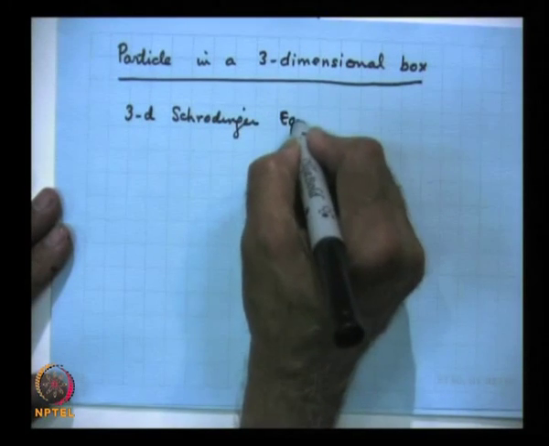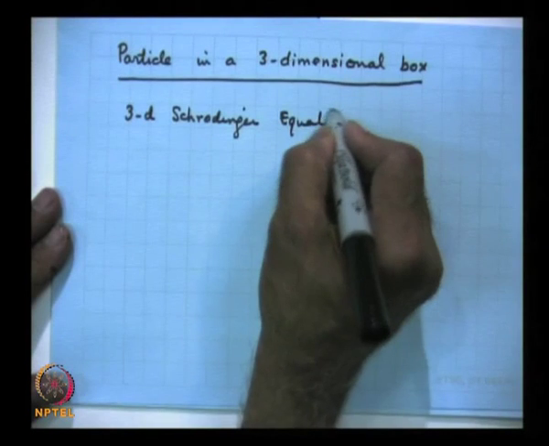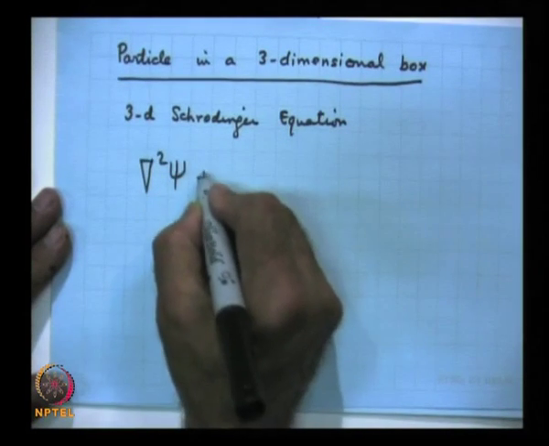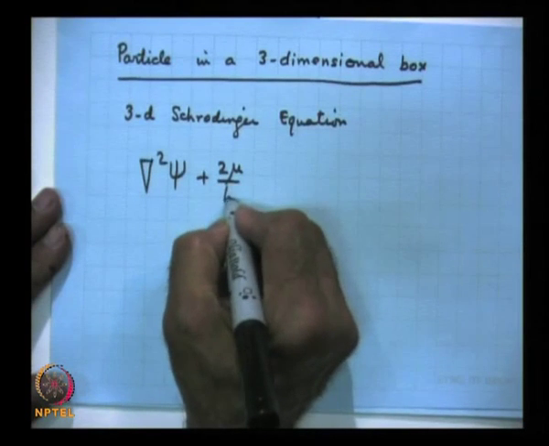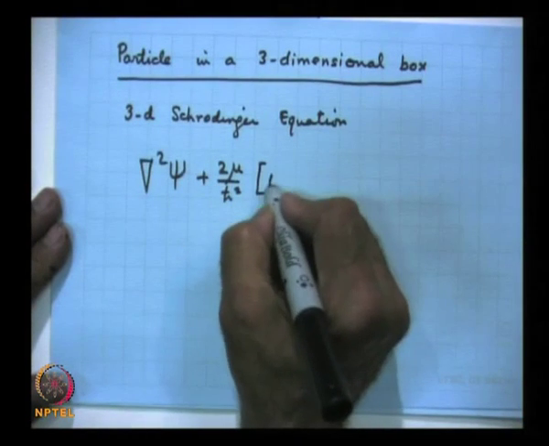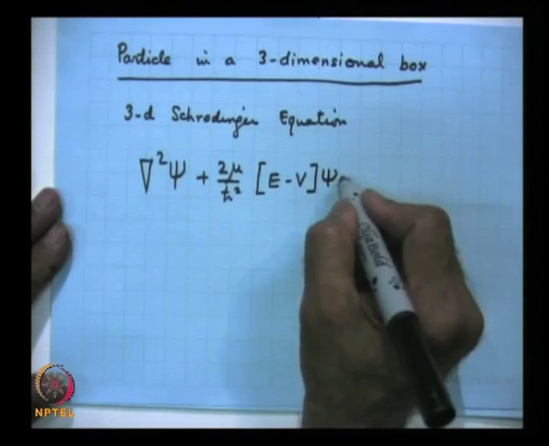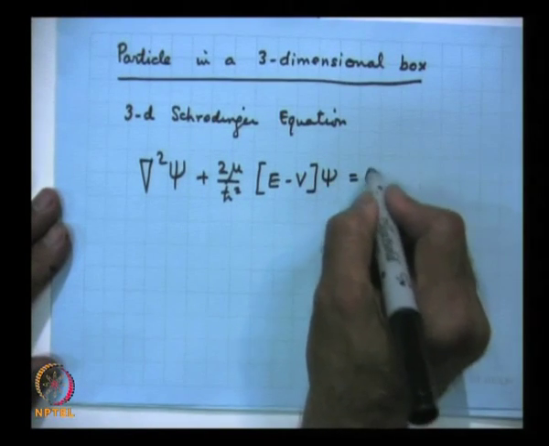So, the 3-dimensional Schrodinger equation is given by del square of psi plus 2 mu by h cross square times E minus V, times psi of x y z, is equal to 0.